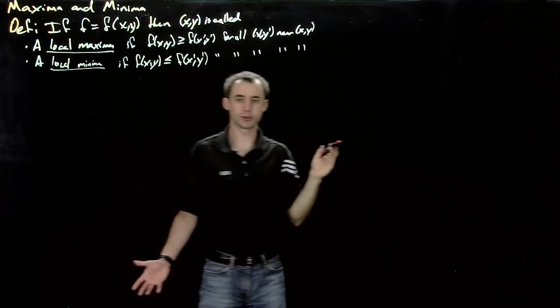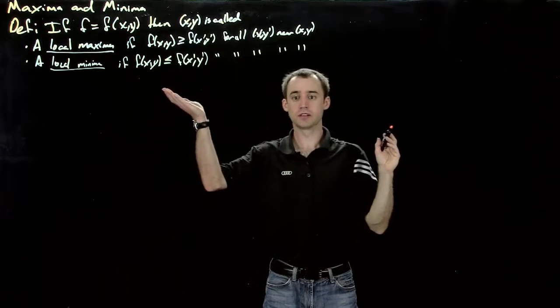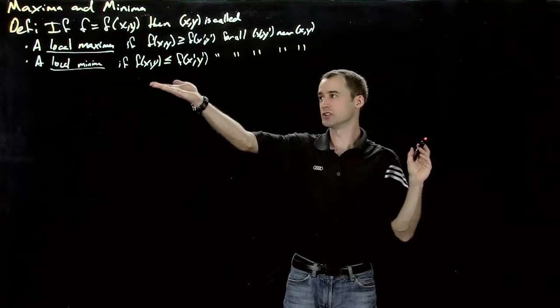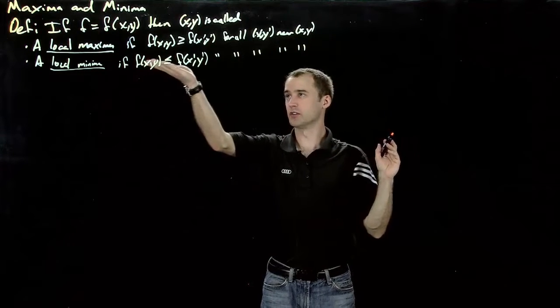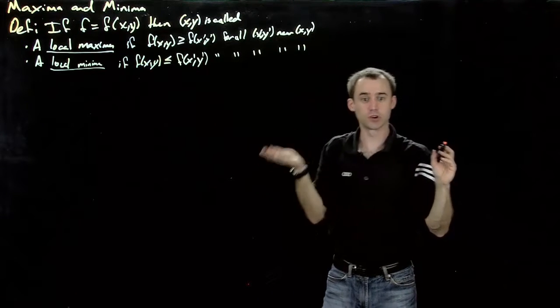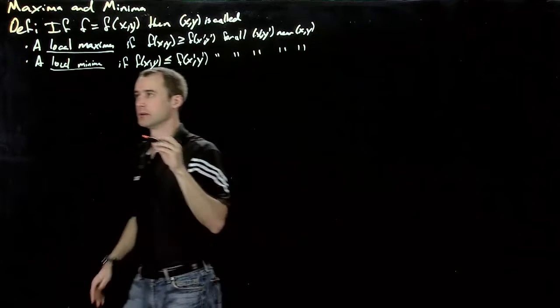Now one may ask, what happens if, like Audi, there's something that's greater than all other points in the domain? Well, that's called an absolute maxima.